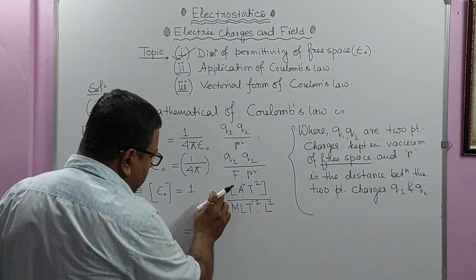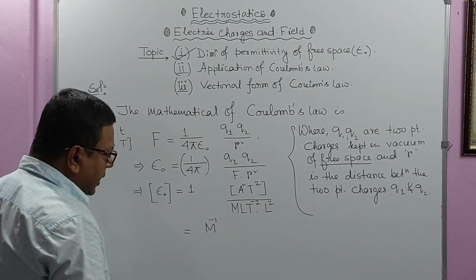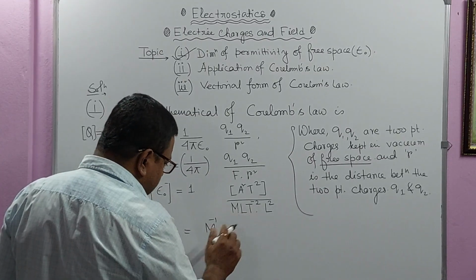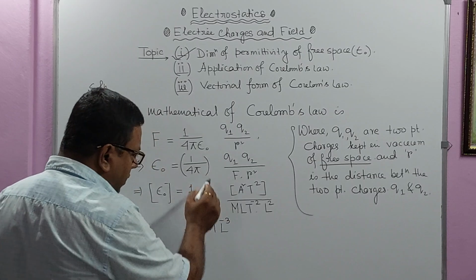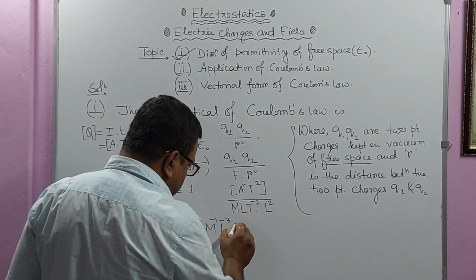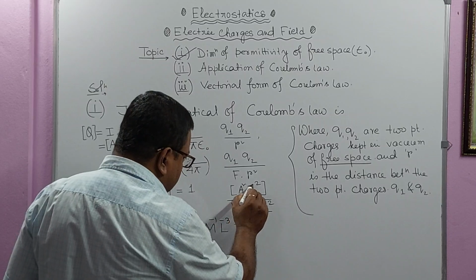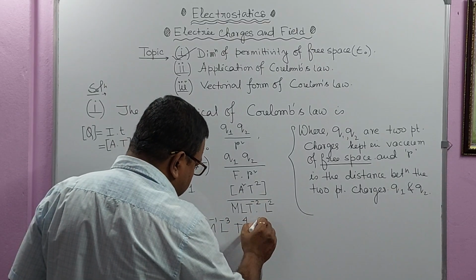So M goes upward, so it becomes M to the power minus 1. Here is a 1 L and then L square, so it becomes L to the power minus 3 when it goes up, and then T to the power, this will go up plus 2, and there is also a 2, so it's 4, and then A to the power 2.